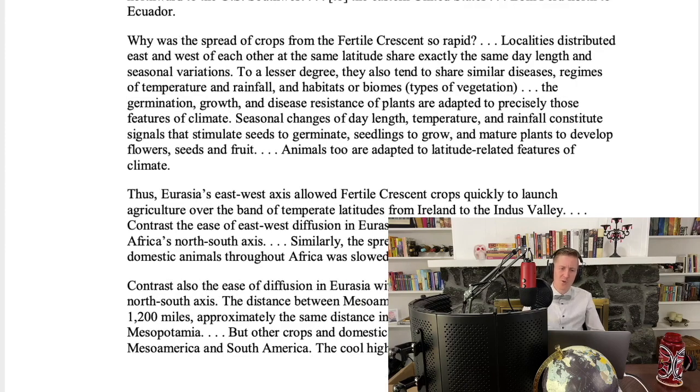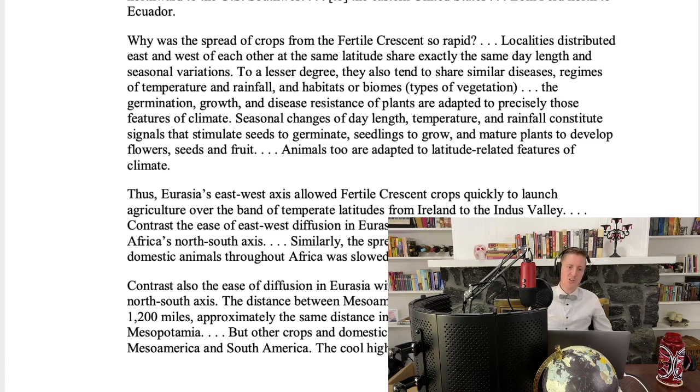Why was the spread of crops from the Fertile Crescent, Southwest Asia, so rapid? Localities distributed east and west of each other at the same latitude share exactly the same length of day and seasonal variations, the season or climate. To a lesser degree, they also tend to share similar disease regimes, temperature and rainfall, and habitats or biomes, types of vegetation.